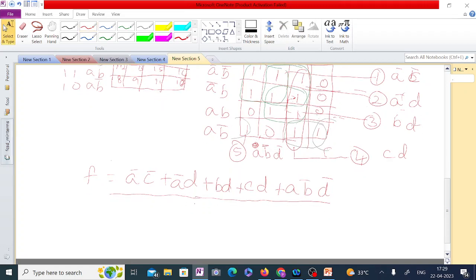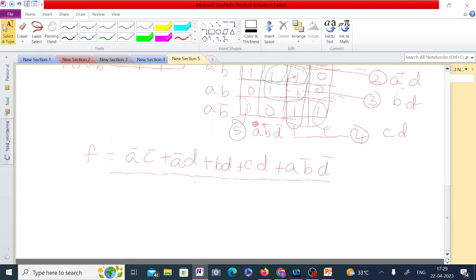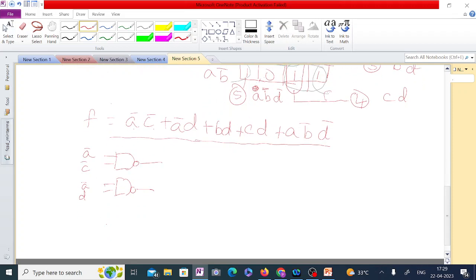So now if I have to represent this using only NAND gates, okay, so this is your expression. I'll be using the double rail logic. As you all are aware of the double rail logic, that is taking the literals in the complemented form directly without using an inverter. So next one is A bar D. Next one would be BD.